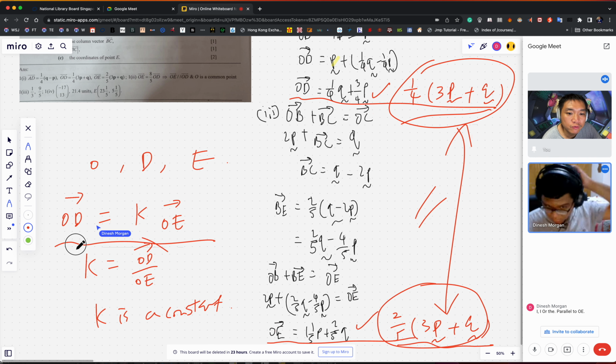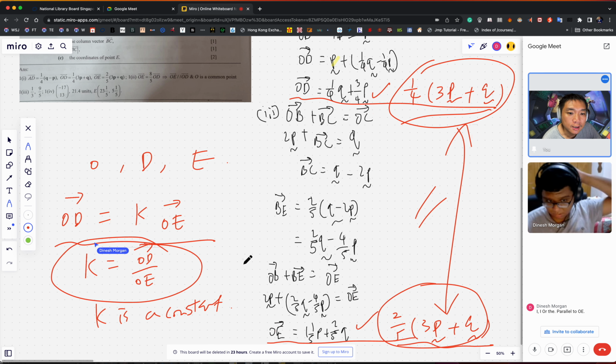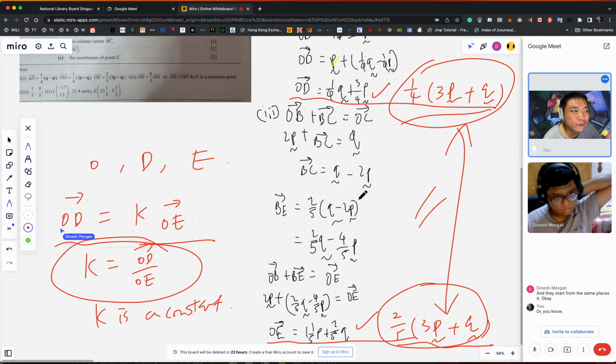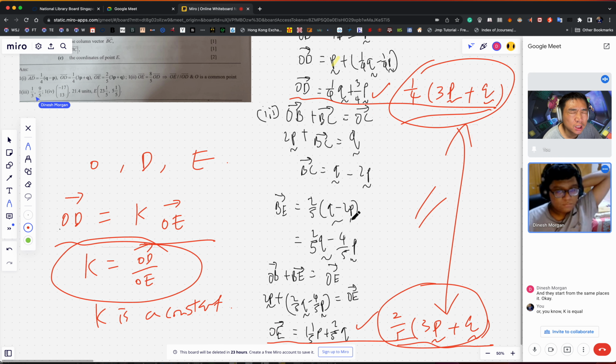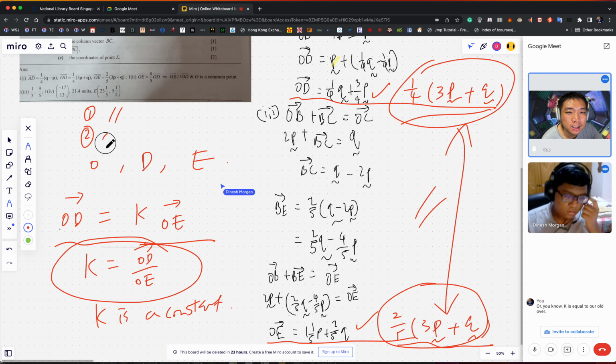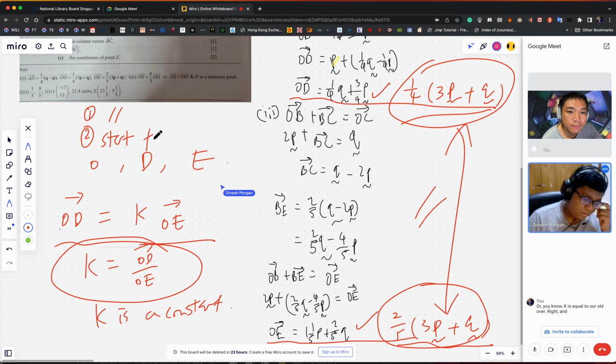In fact, you just need to prove first that they are parallel, and they start from the same point O, so they are collinear. To prove collinearity, you have to have two conditions: parallel and start from the same point.